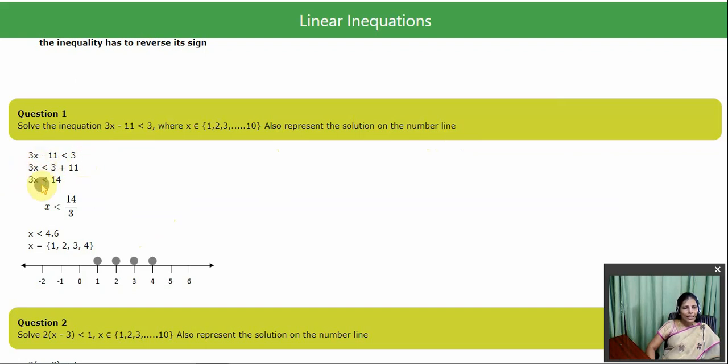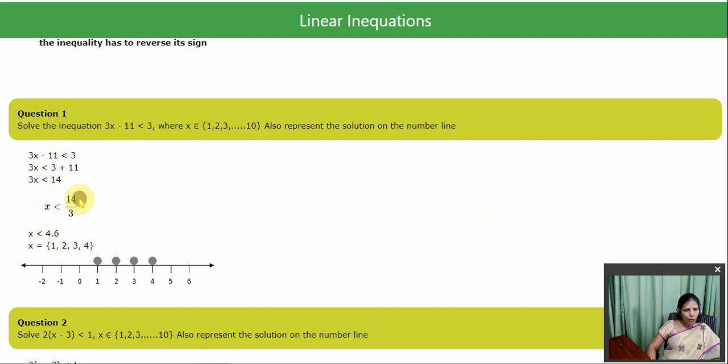Now 3x minus 11, we have to remove the minus 11 from here. So I have to add plus 11 on both the sides, so that this minus 11 will get cancelled. Okay, so 3x is less than 3 plus 11. When you add plus 11, this becomes 0, and here on the RHS we get plus 11. So 3x is less than 14.